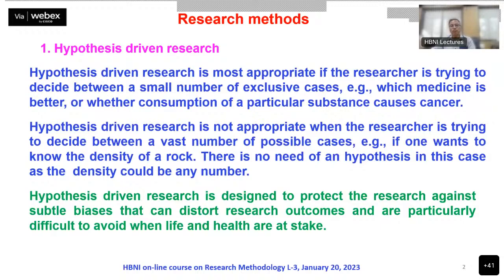Since people need to be saved, they are developing some medicines, and to protect the researchers from any such legal cases, they say this much percentage of people are affected by it. So that is how the hypothesis comes there.